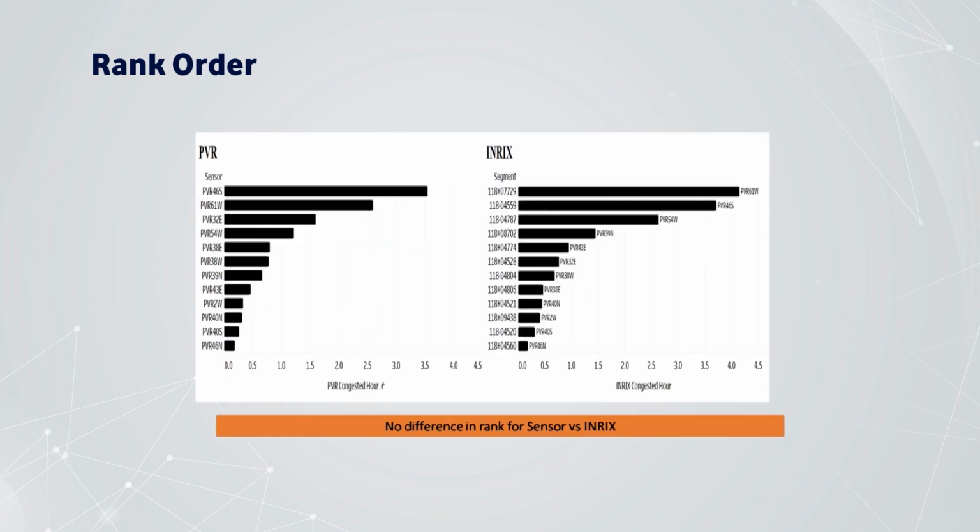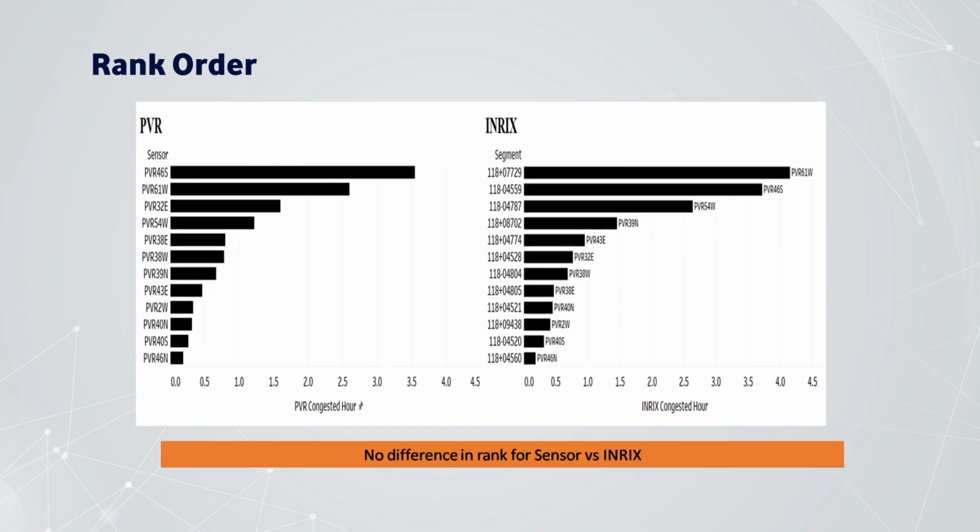In winter time, you can always see that there is more traffic. We have also given the order here. Based on the probe data, that is the PBR sensor data and index data, we compared the different sensors and the TMC segments, and we calculated the congested hour for those. We found that there is almost no change in the congested hour for those particular days and time.